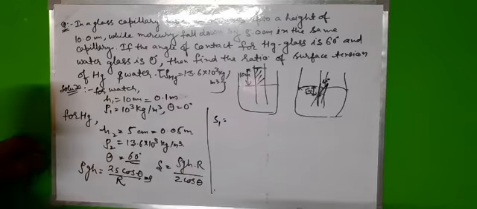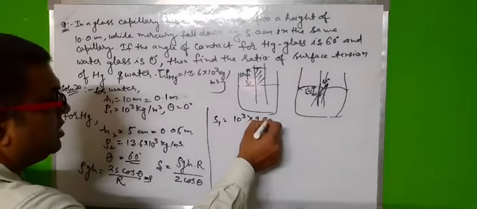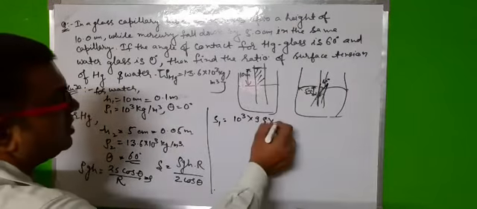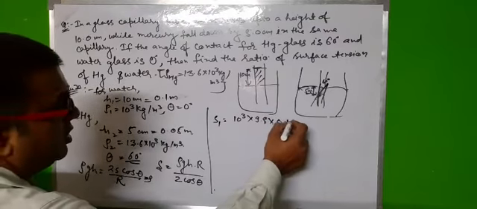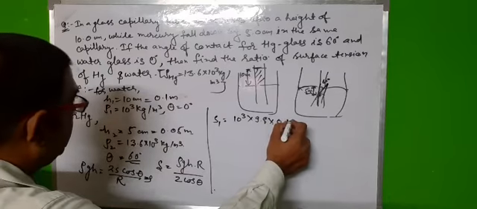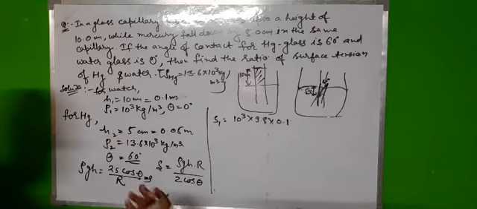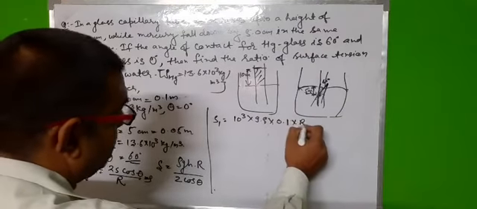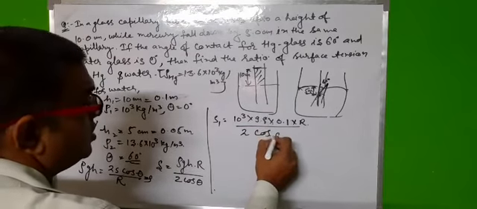So S1 is equal to rho, the value of rho is given 10 to the power 3, into 9.8 into H, that is 0.1, and R, the radius is given as 1 centimeter. The R radius will cancel out, so write it as R, upon 2 cos 0 degree.